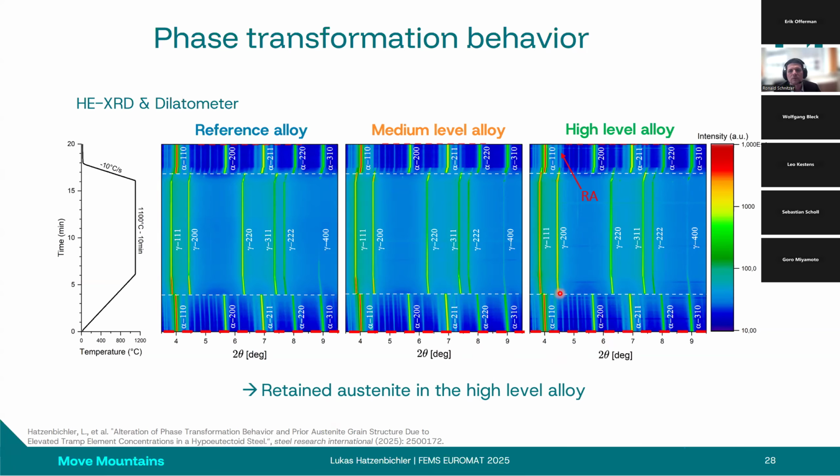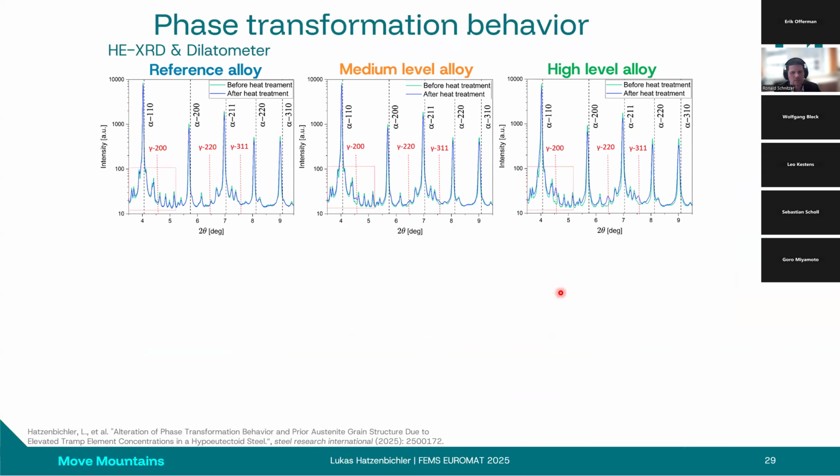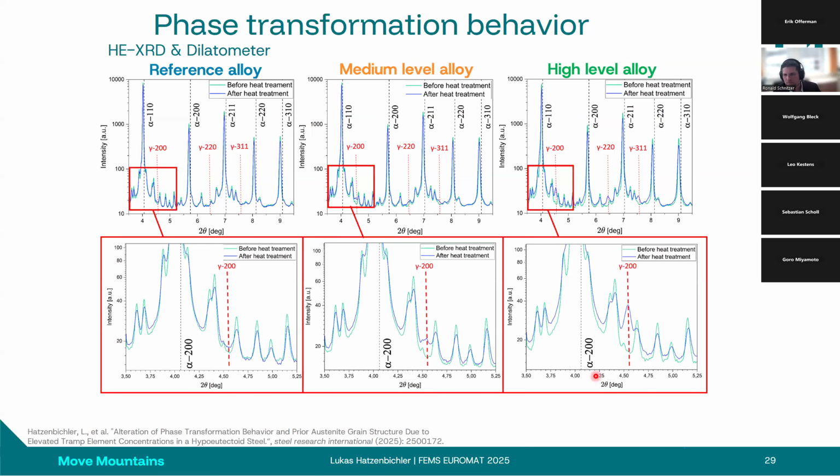And I will show you a much more detailed analysis, which is shown here. Here you can see the diffractogram, maybe you're used to it. You can see, for example, that is the 200 austenite peak, and you can see that this is increased compared to here. Here would have to be the 200 austenite peak.